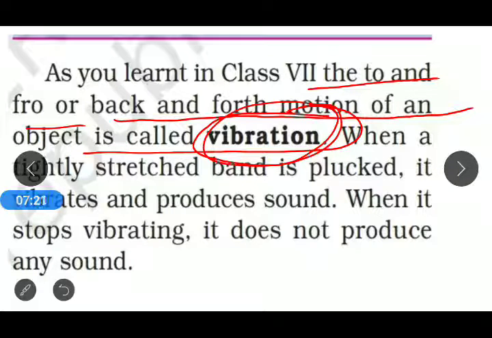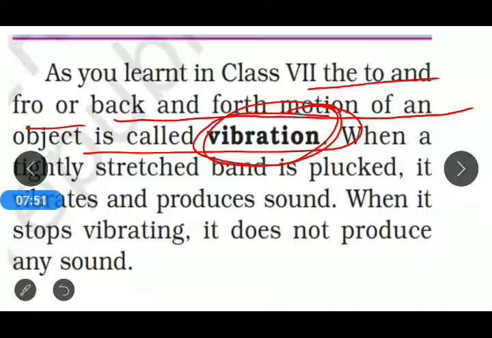In other words, the to and fro or back and forth motion of a vibrating object. I'm including an extra word here, that is, vibrating object. So if there is to and fro or back and forth motion in a vibrating object or body, then that is known as a vibration.